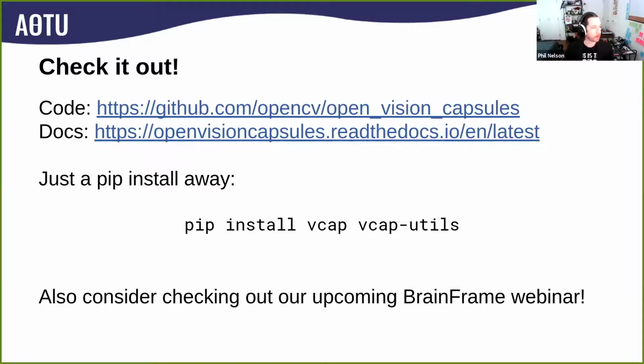As for actual questions here, let me pull these up. First off, Henry has the question: does Open Vision Capsules support mask segmentation contours that format the Mask RCNN's output? So Open Vision Capsules, the standard format for communicating between capsules, does not specifically support contours, but it does support defining, whether it be a bounding box or a non-bounding region within a video frame, with any number of points, which we found to be a bit more generic for a larger variety of models.